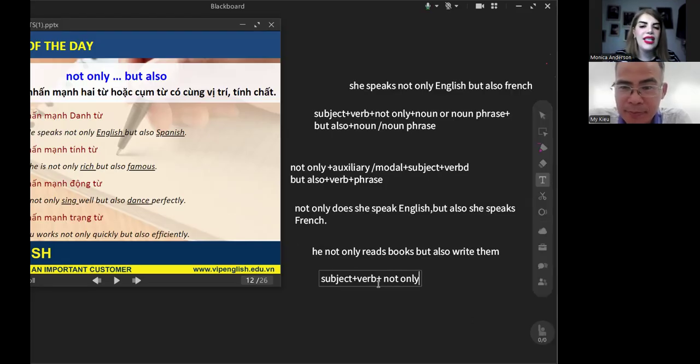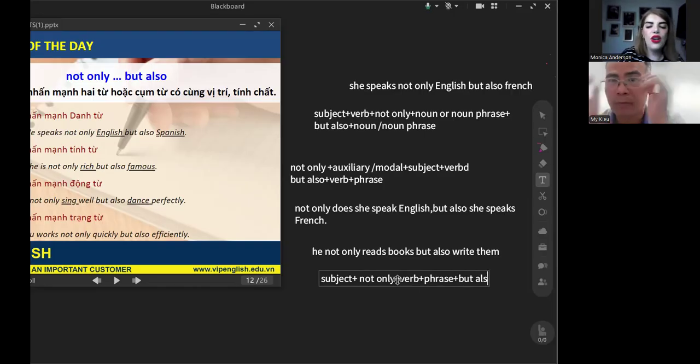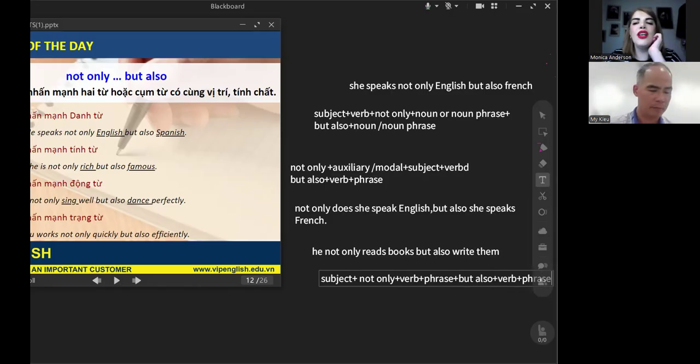He not only reads, so let me put this here, and then plus verb, and then "but also," and after the verb, of course, we have a noun or verb phrase, and after that, "but also," and again verb and phrase. So this is another structure.